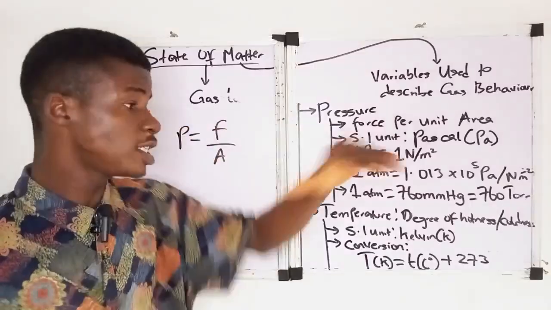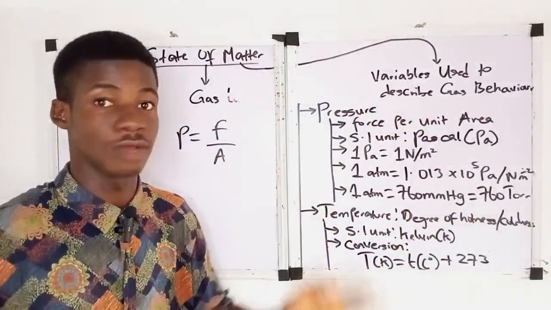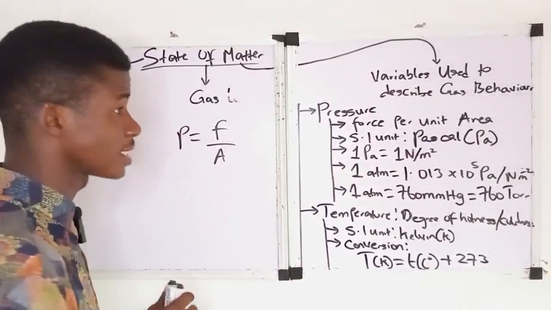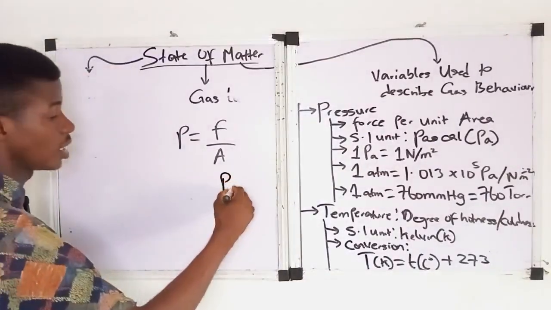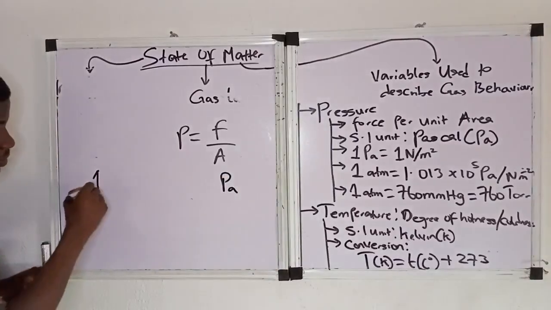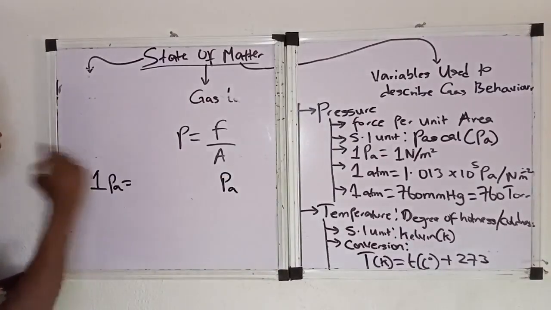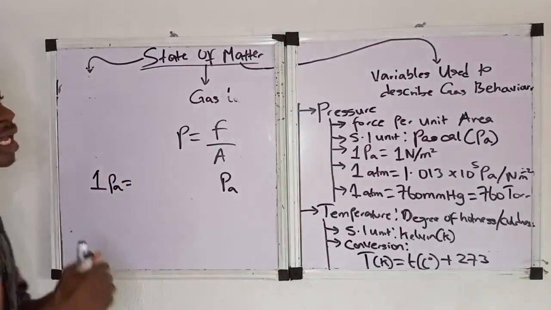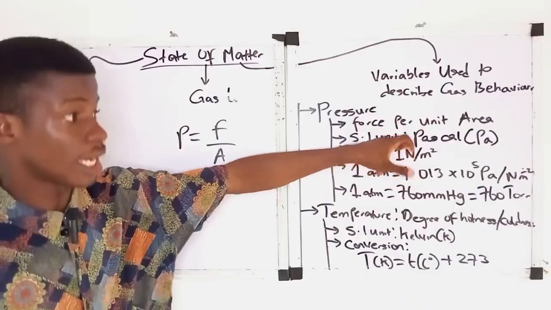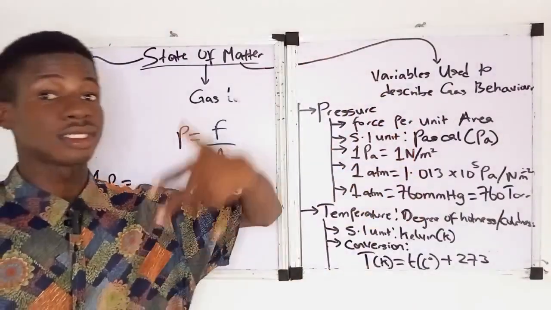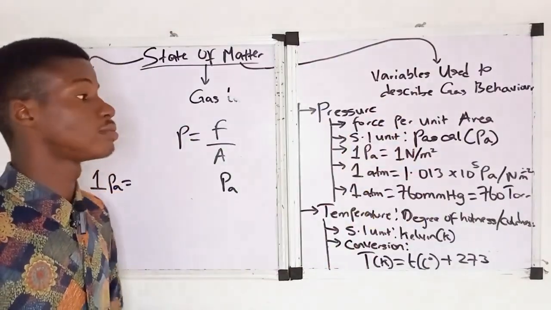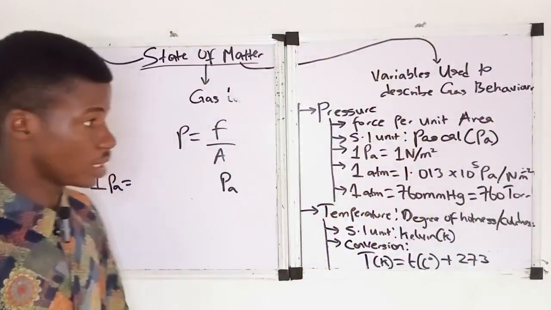Now please, this part is very important because I'm going to use it while calculating. The SI unit of pressure is Pascal, in short form Pa. Another unit of pressure can also be Newton per meter square, or N m^-2.